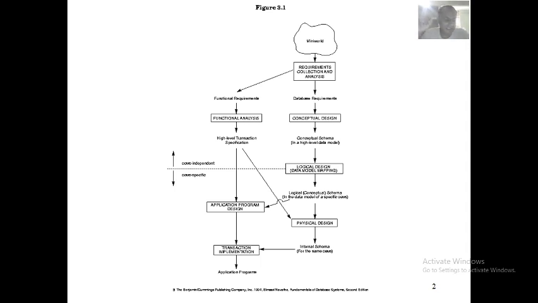Got it? Similarly, if you take a university as an example of a mini world, then the colleges are entities, various departments are entities, various projects which are carried out are entities, and employees are entities, and how they are related.